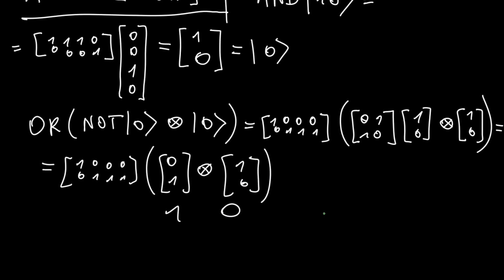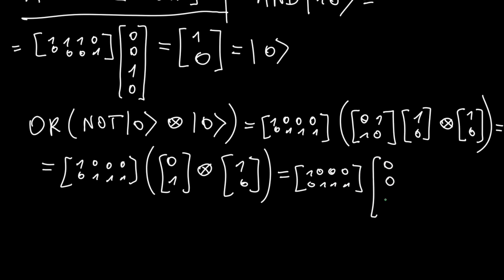So 1 0 is 2, so this should be 0 1 2, like this. And again, multiplying. 1 times 0, 0 times 0, 0 times 1, 0 times 0. So this is 0, and 0 times 0, 0, 1 times 0, 1 times 1 plus 1 times 0 is 1. And we get 1.